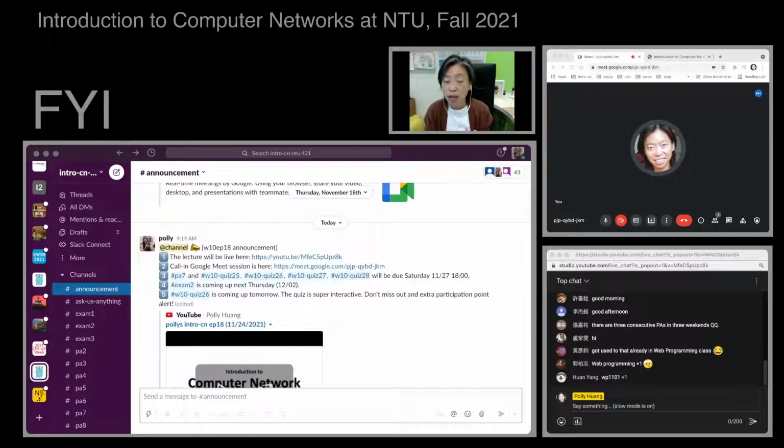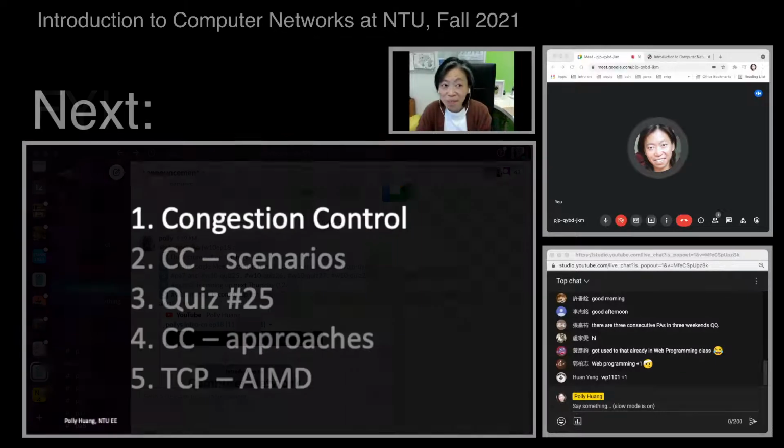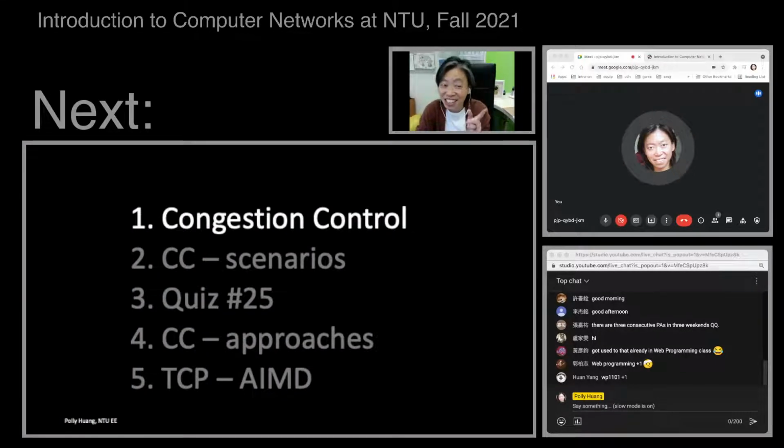Maybe you should balance the courses you take. Some assignment intensive, some intellectually challenging. You take a combination of them so that you get a balanced use of your brain and don't overstress yourself. And so today, we'll talk about congestion control, but on the internet only.